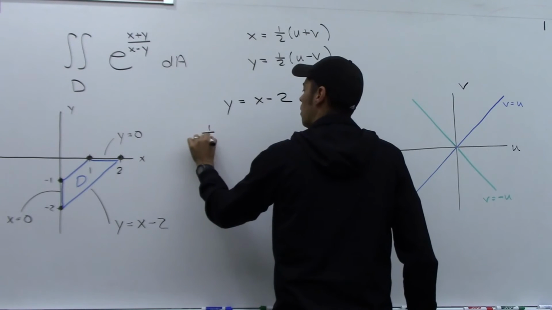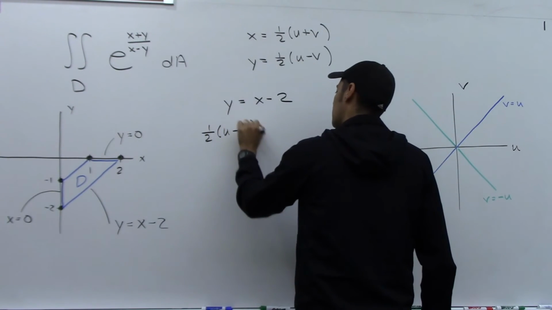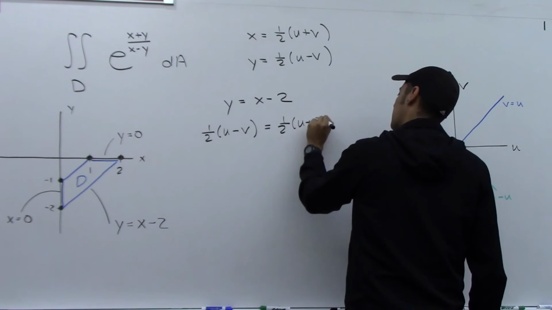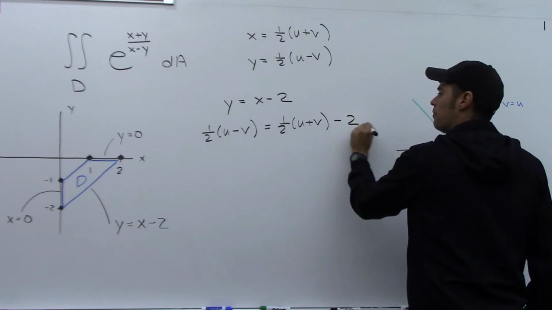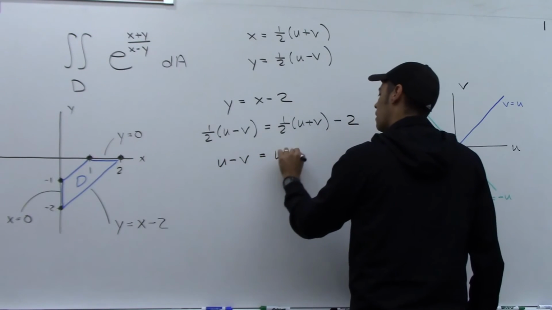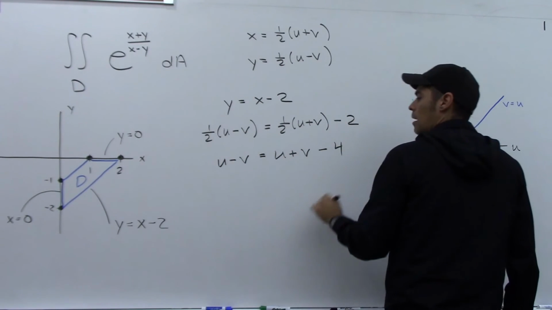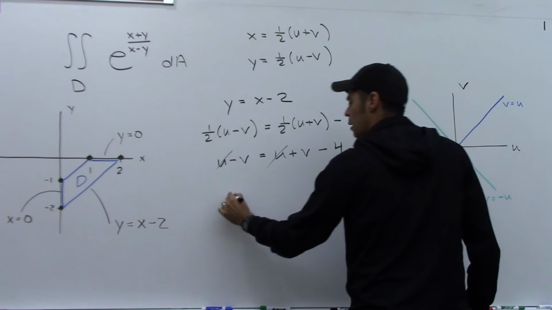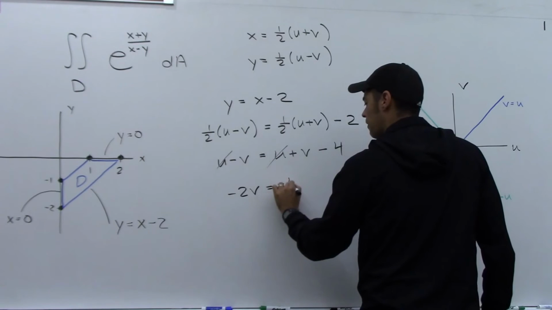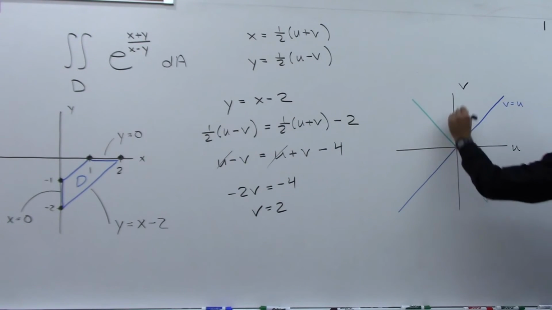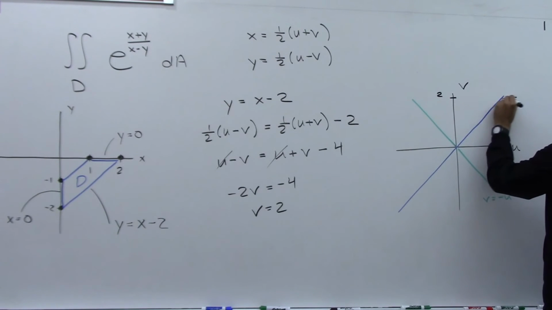So y is 1/2 (u minus v) equals x, which is 1/2 (u plus v) minus 2. Multiply everything by 2. And then notice the u's cancel. I'll move my v's to one side. Negative 2v equals negative 4. So v equals 2. So v equals 2 over here. Like this.